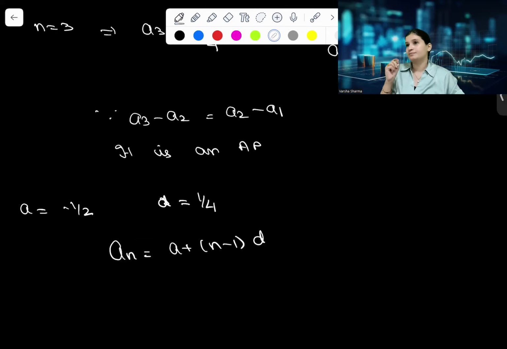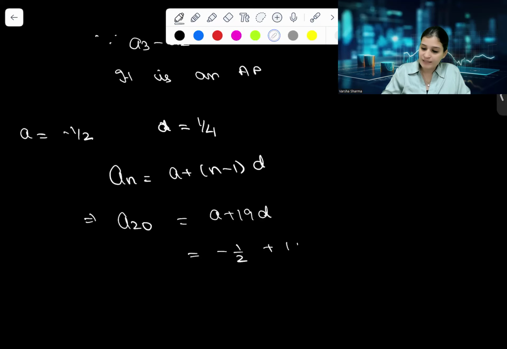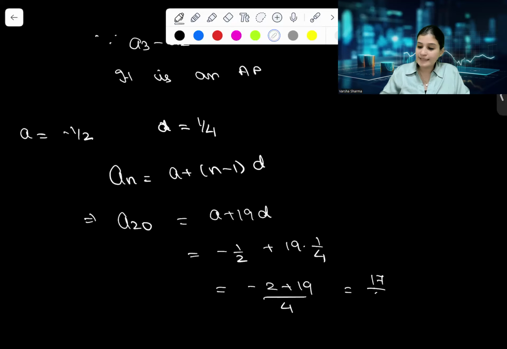Find the 20th term. So A20 is a plus 19d, minus half plus 19 into 1 by 4. LCM. Answer is 17 by 4.